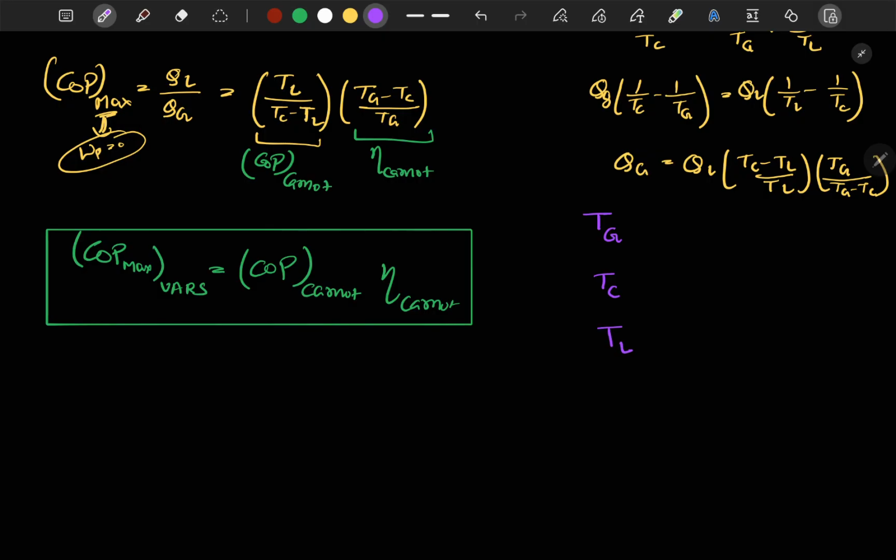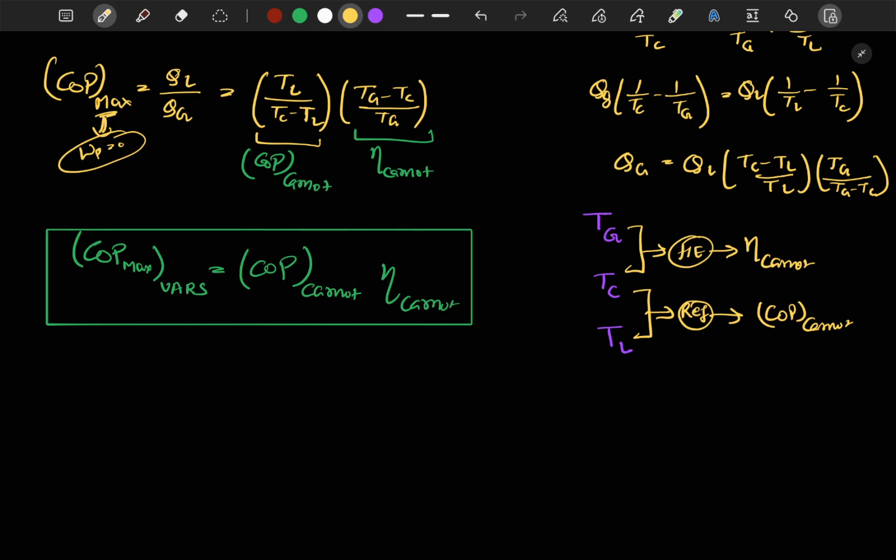Between the lower two we apply our refrigeration cycle, and between the upper two we apply our heat engine. From here we get our eta Carnot, and from here our COP Carnot. Since we are talking about refrigeration, this COP should be that of refrigeration. I hope you understood this point.